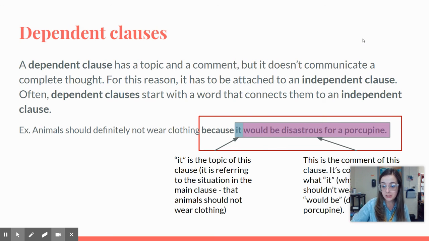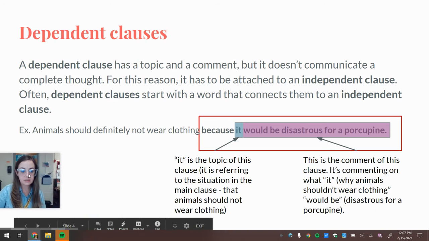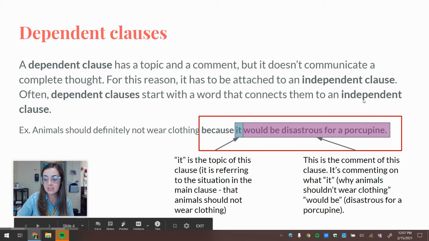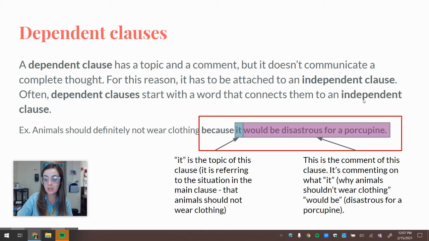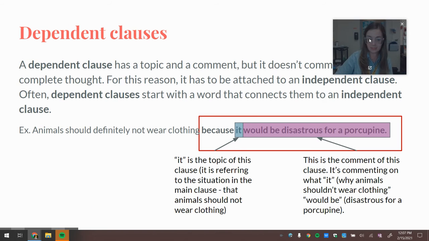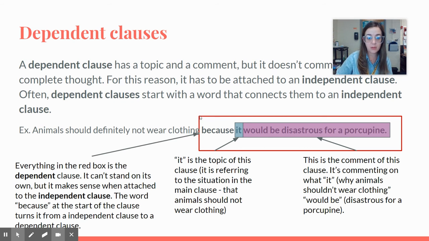And then "would be disastrous for a porcupine" is the comment of the clause. It's commenting on what it would be. So why animals should not wear clothing would be disastrous for a porcupine. Everything in purple is commenting on the topic. I also want to point out that everything in the box right here is the dependent clause.